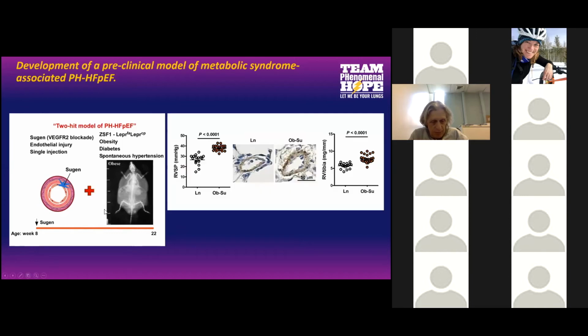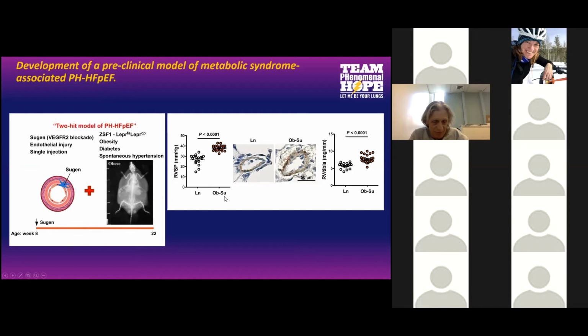So here we measure the pressure in the RV as an indication of pulmonary hypertension. Here is the RV systolic pressure in the lean animals, and this is the RV systolic pressure in the obese Sugen animals.